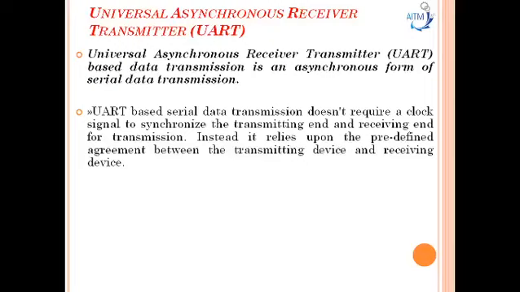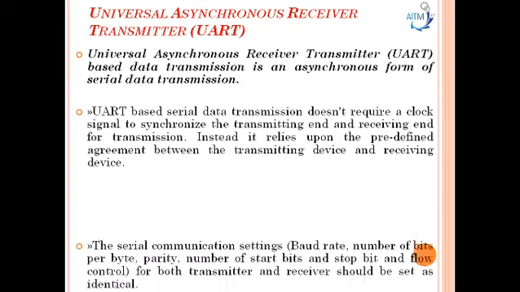So it does not require the SCL line, the synchronizing line between the transmitter and receiver here. Instead, it relies upon a predefined agreement between the transmitting device and receiving device here.